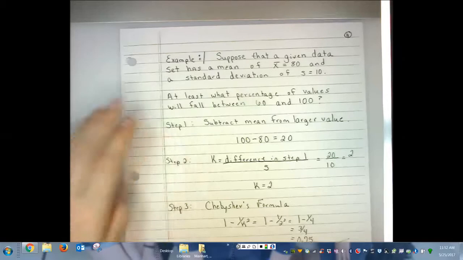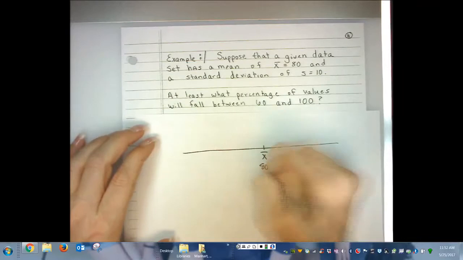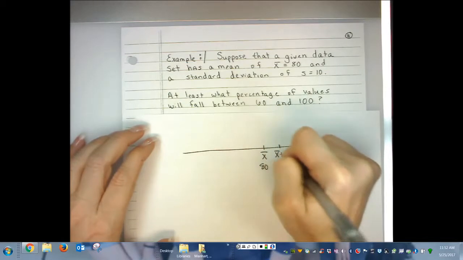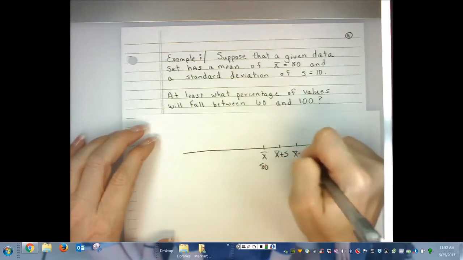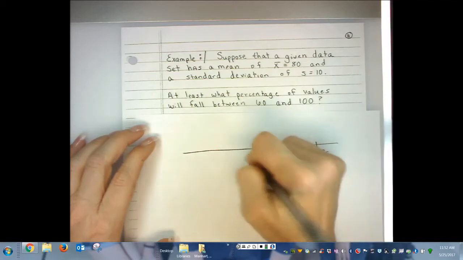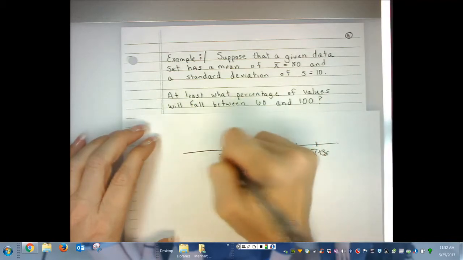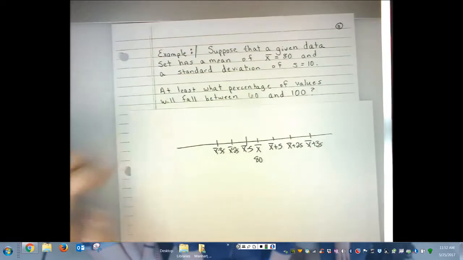These are the steps, but if you need a visual for this same problem, you could always do this. X bar is 80, X bar plus S, X bar plus 2S, X bar plus 3S, X bar minus S, X bar minus 2S, X bar minus 3S. And I just add S each time, which is 10.